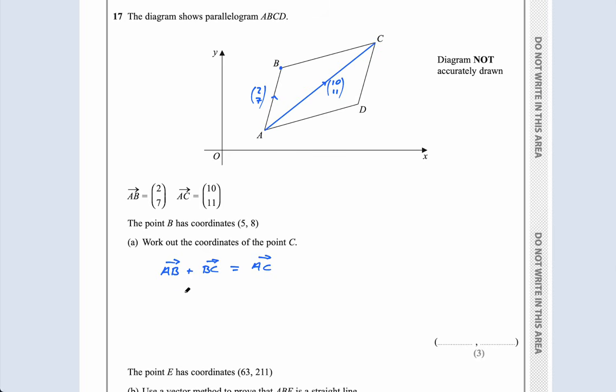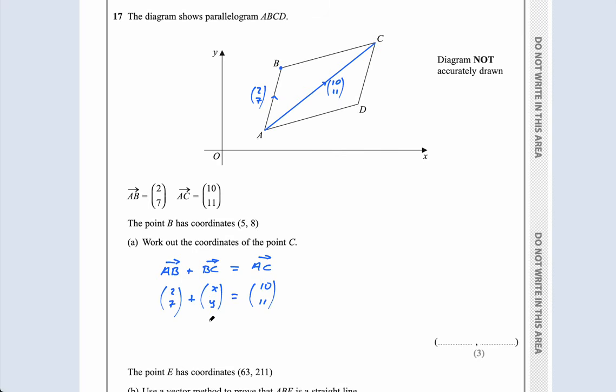Now, AB we know is 2, 7. So 2, 7 plus B to C, which I don't know. Let's call it X, Y, is equal to AC, which is 10, 11.